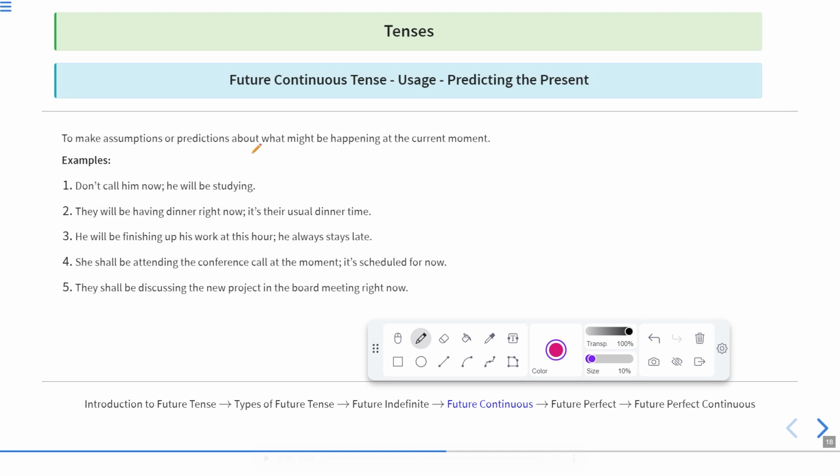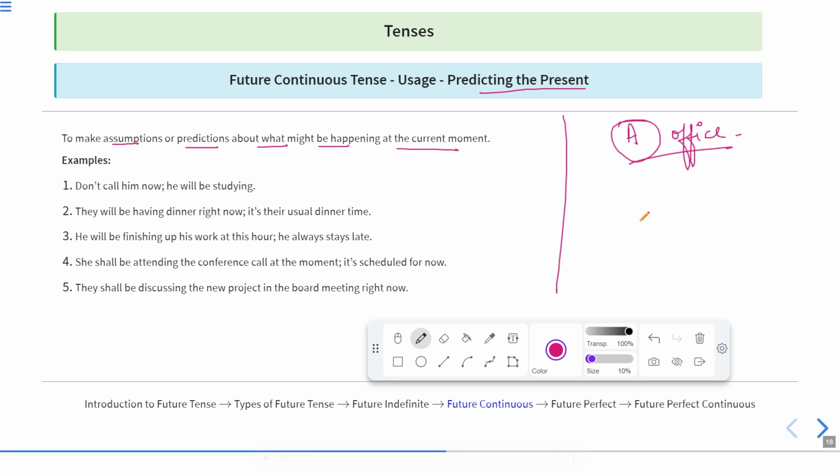This is another usage of future continuous tense: to show predicting the present. When we predict the present, we make assumptions or predictions about what might be happening at the current moment. Now, this is again very, very important. Suppose there is a person A, okay, and he is in office right now. He's sitting, right?